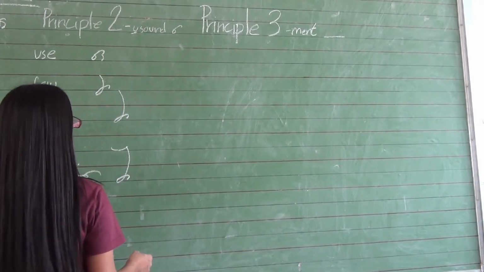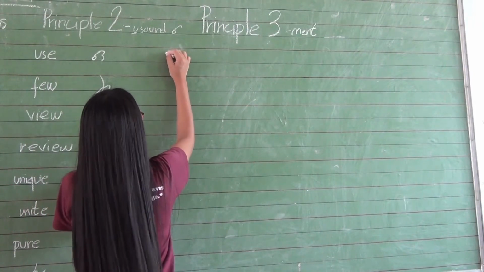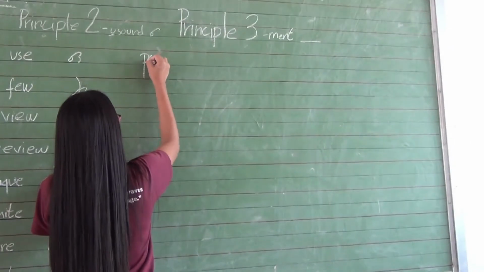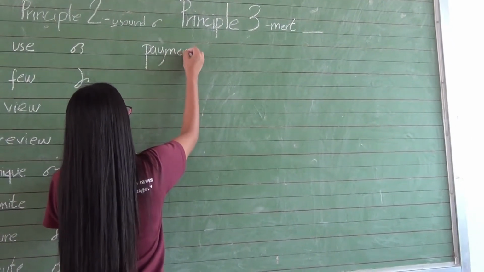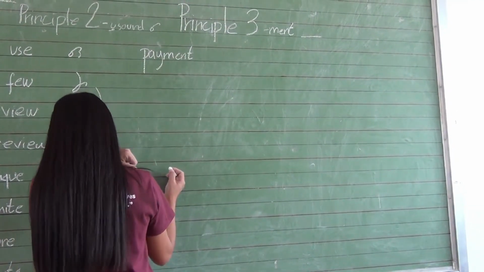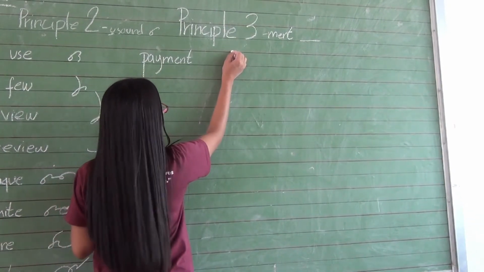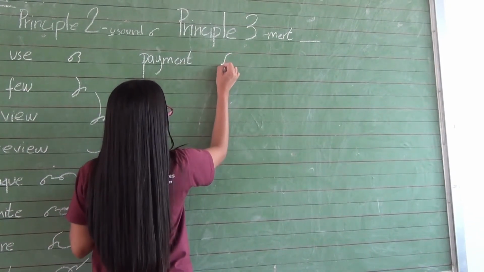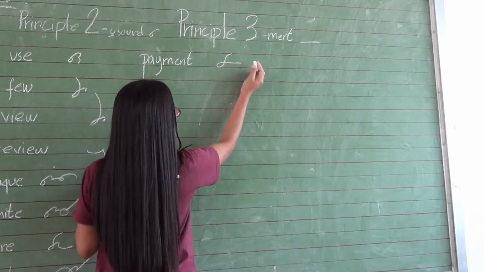For example, payment. It is represented by P, A stroke with ment stroke.